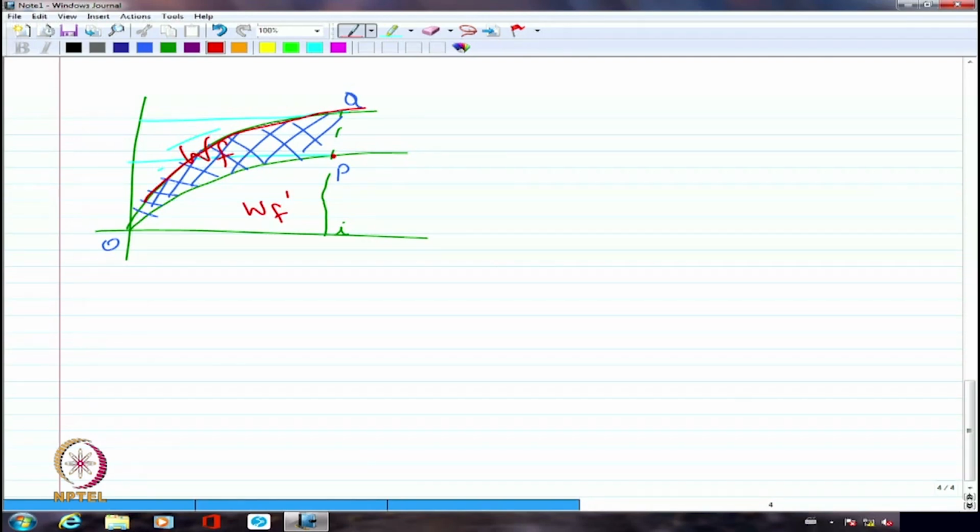Although co-energy does not have any physical significance, when the system moved from x1 to x2, whatever increase happened in the co-energy, which is WF dash, is represented by the shaded area. So the shaded area actually represents the increase in co-energy of the system.